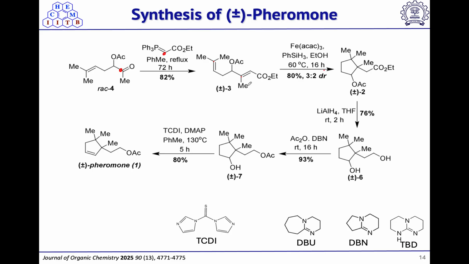How it is happening, I'll show the mechanism as well. Basically, if you consider this iron 3 and phenylsilane, a radical will generate, with one electron. It will come here and generate this tertiary radical.